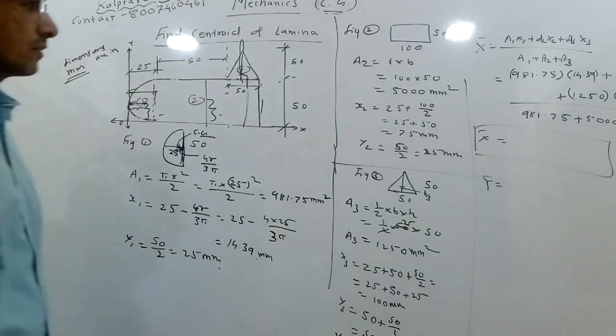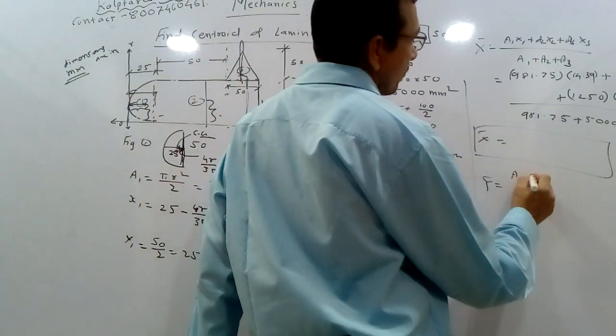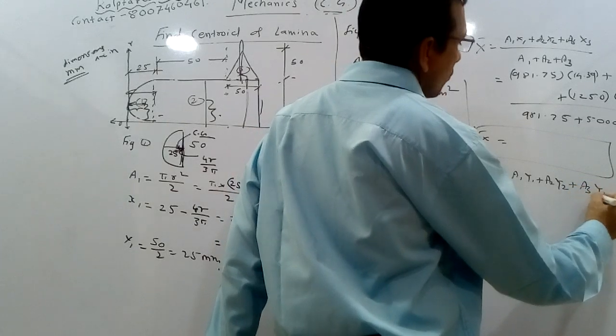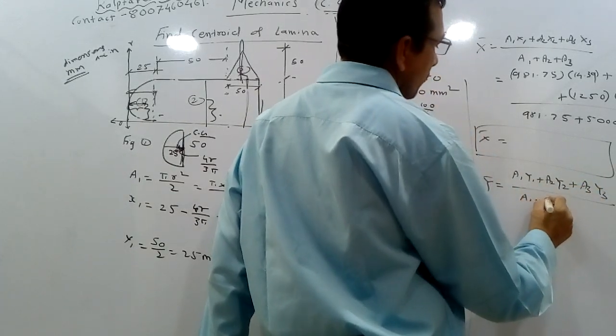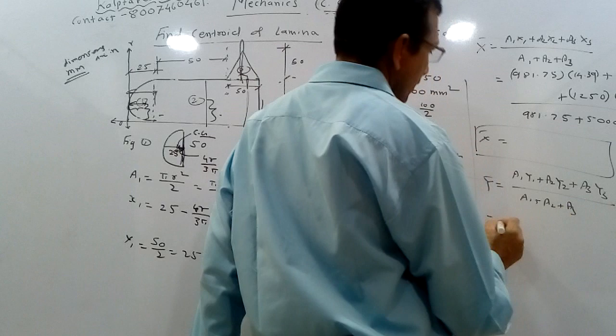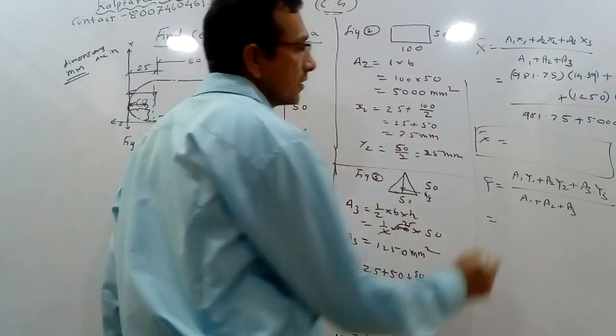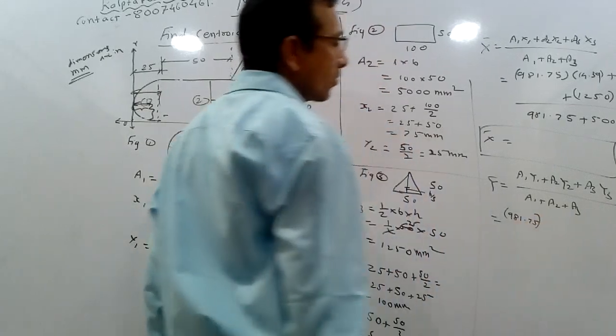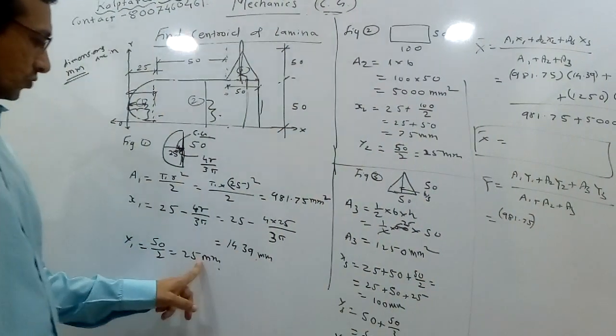What is the y bar? The formula is A1 y1 plus A2 y2 plus A3 y3 upon A1 plus A2 plus A3. In that you write all the things. A1 is the same, 981.75. But what is the y1 here? Y1 is 25.